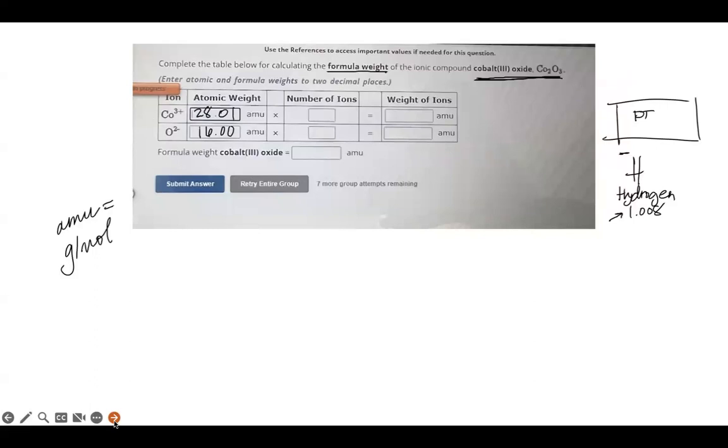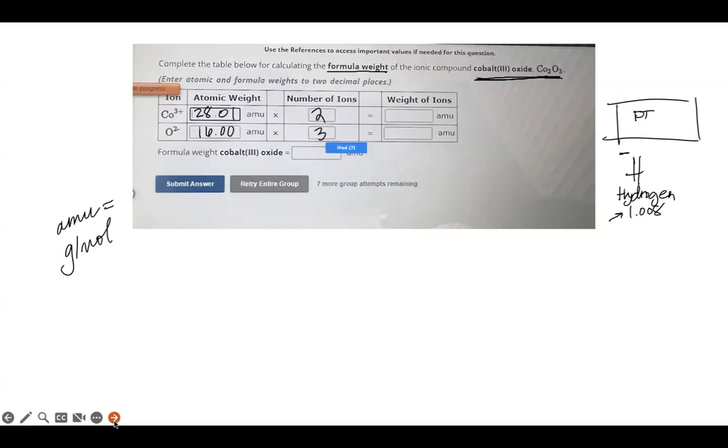Now we need to take into account how many cobalt and oxygen ions are in this entire formula, and we'll get that from the subscripts. There are two cobalts in the cobalt oxide, and there are 3 oxygens.